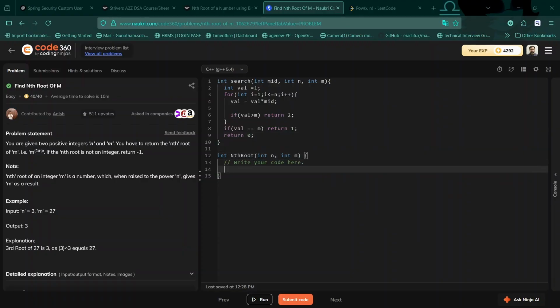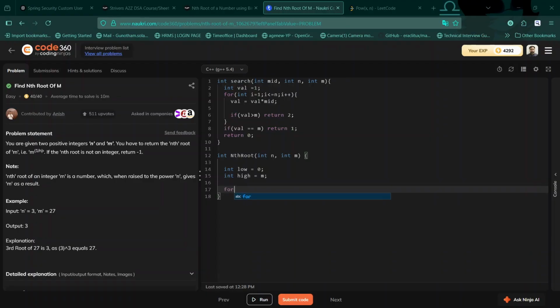Now we'll follow the general binary search rule. Int high will be our m because that's the maximum limit we can have.